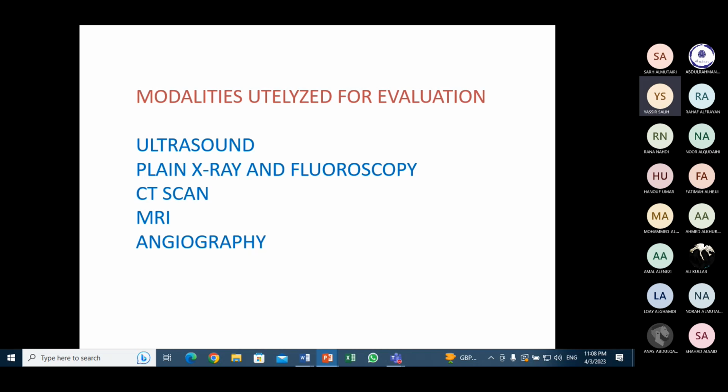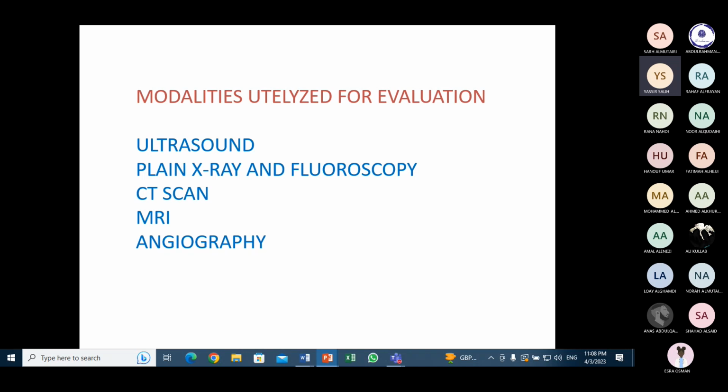CT scan and MRI are also sometimes used, and angiography for assessment of the blood vessels, uterine anomalies, and pelvic organ blood vessels.